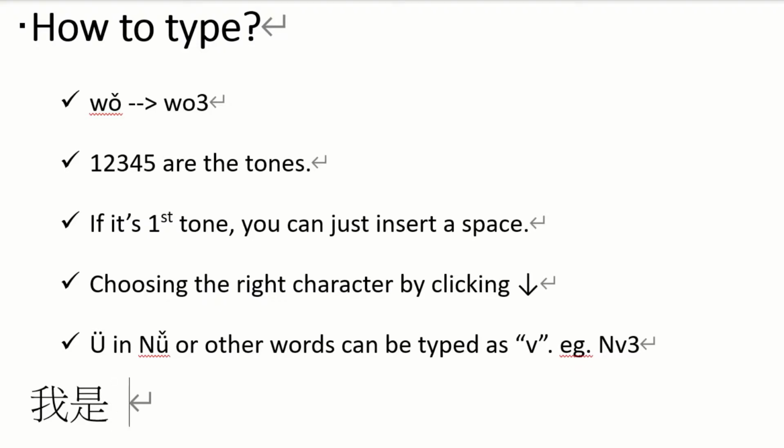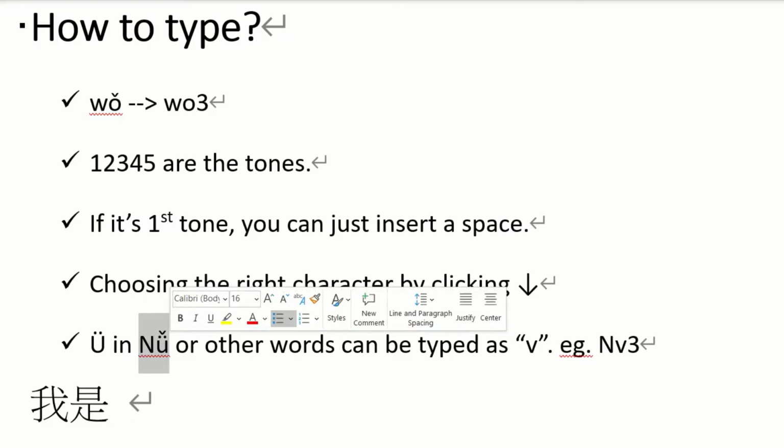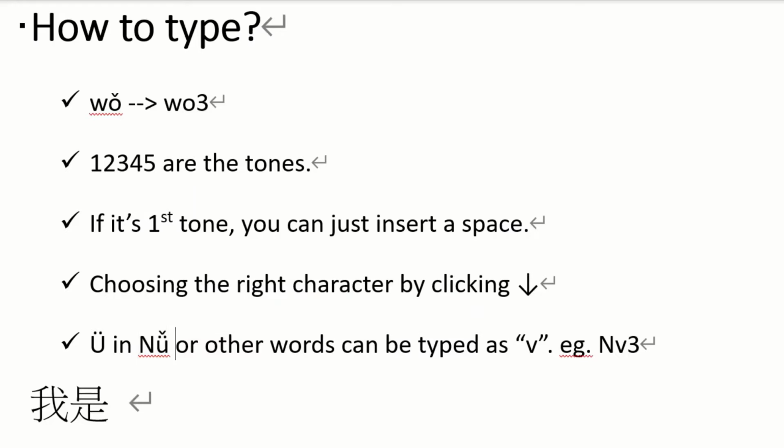Now let's see how to type this, the U with 2 dots, 女. We cannot find this letter on the keyboard, so we just use the letter V instead.